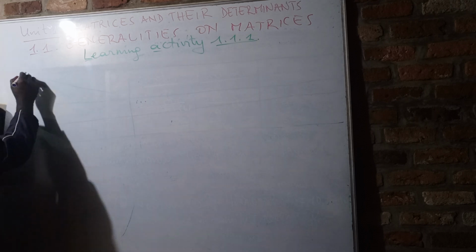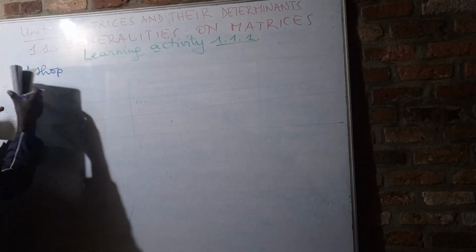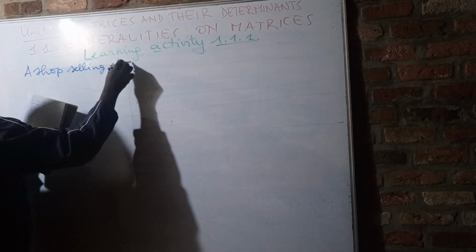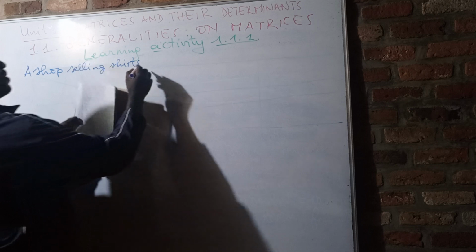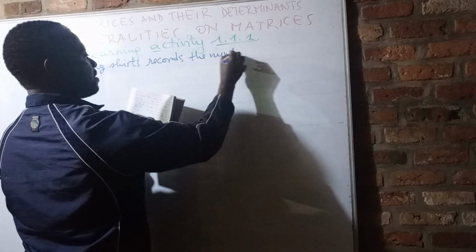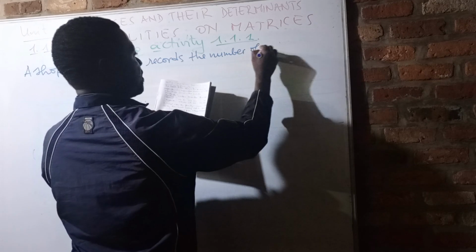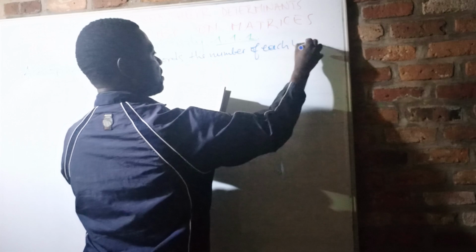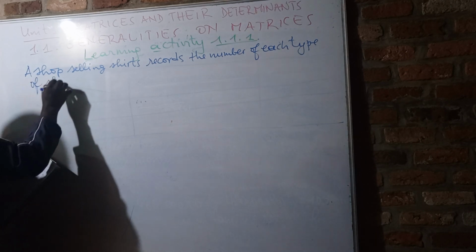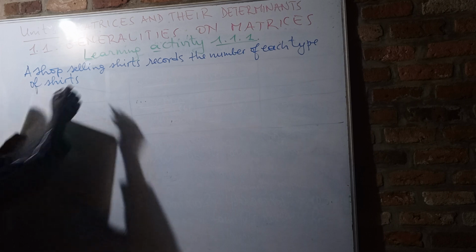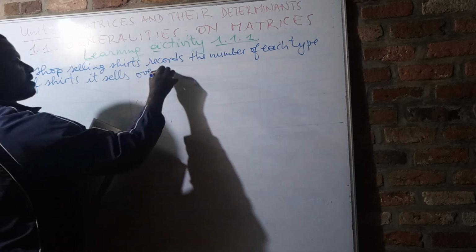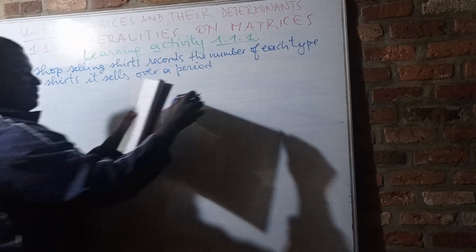So the question is: a shop selling shirts records the number of each type of shirts it sells over a period of 2 weeks.